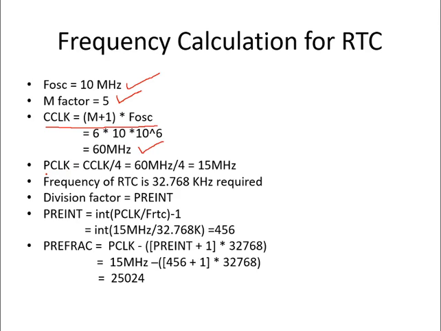Then for PCLK you can have different options: PCLK is equal to CCLK, PCLK is equal to CCLK by 2, PCLK is equal to CCLK by 4. These three options are available. Out of that we have selected by 4. So when you take CCLK divided by 4, we are generating the peripheral clock as 15 megahertz.